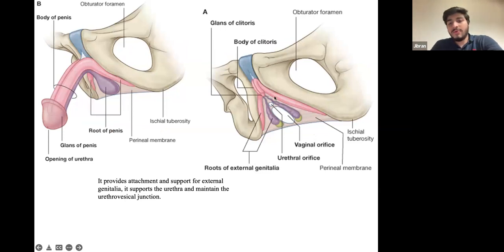Now it's showing you what is on top of it, the external genitalia. In males you have the roots of the penis, and in females you have the roots of the external genitalia. In females it doesn't develop, but in males it develops into the penis. And this is the glans of the clitoris.